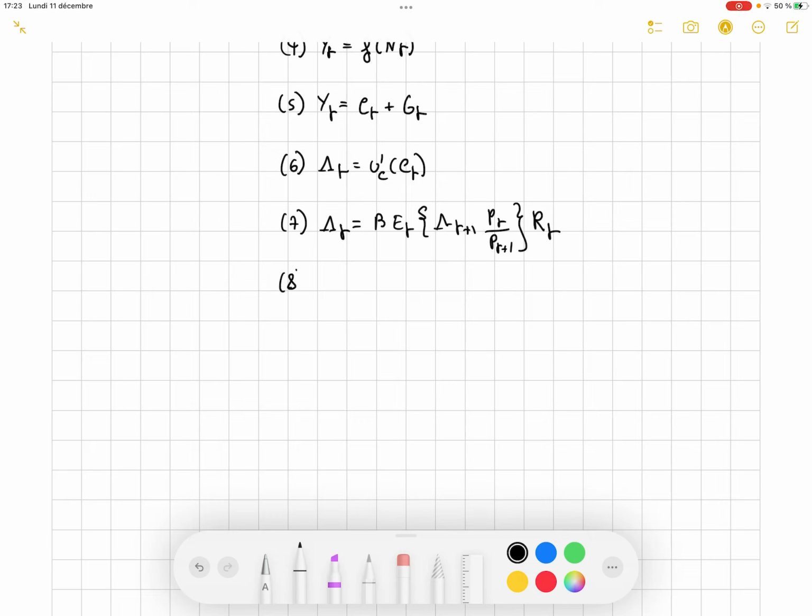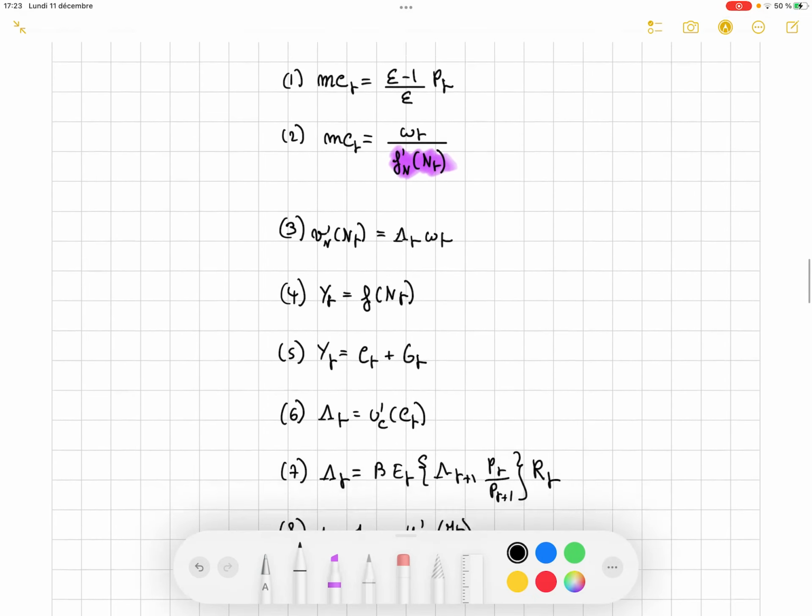And now finally we have our eighth equation that comes from the money market, that is 1 minus 1 divided by this interest rate must be equal to the derivative of the function that we have for money inside utility, of M_t divided by P_t, divided by the marginal utility of consumption in the current period.